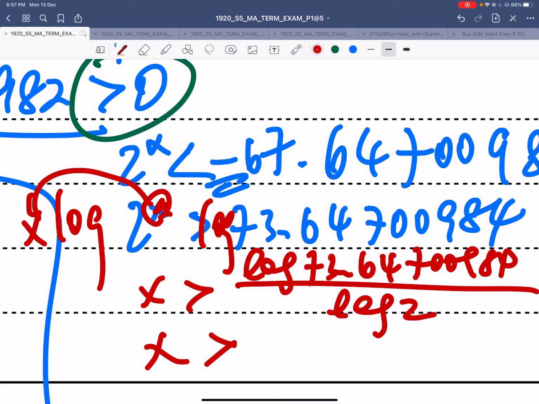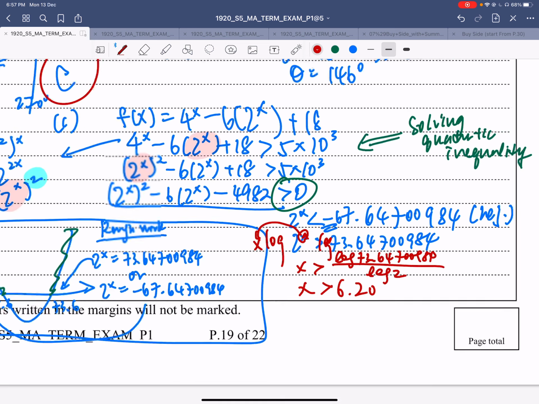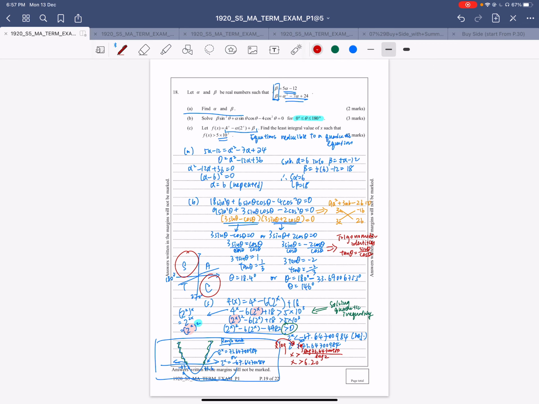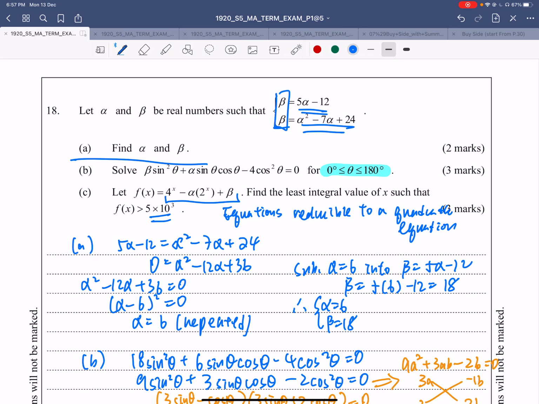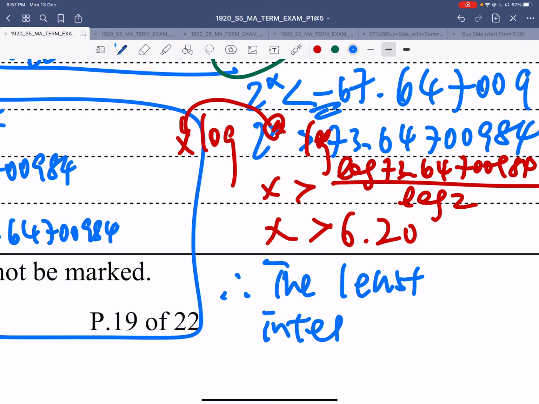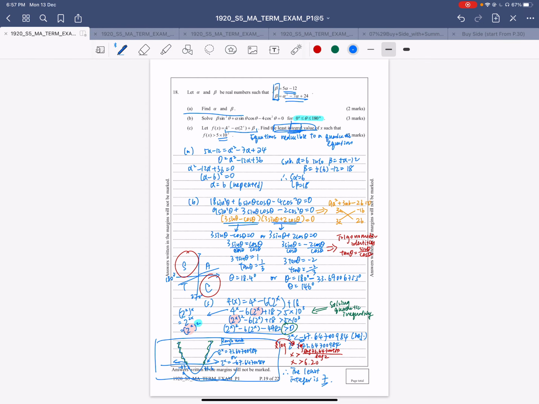Let me use the calculator to calculate. x is larger than 6.20. Remember the question is asking about the least integral value, so it should be an integer. So in the concluding statement, you should say the least integer is 7. This will be the final answer for this question.